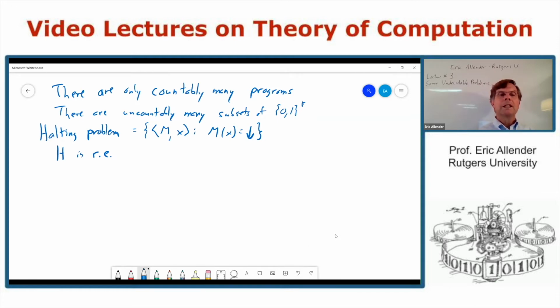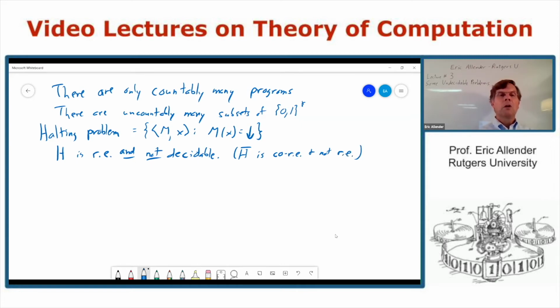but it's not decidable, which means that H complement is co-RE and not RE.